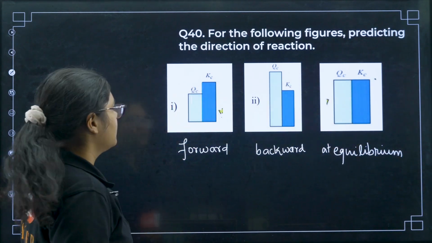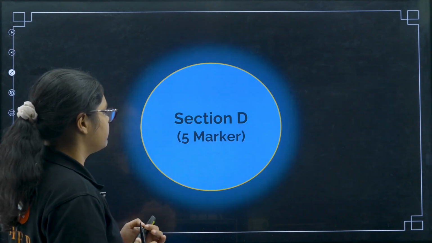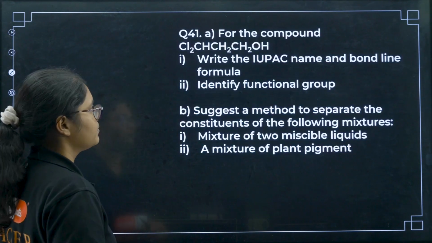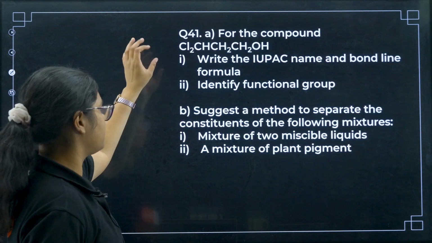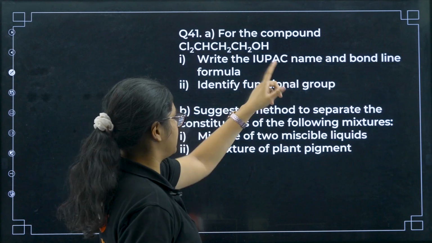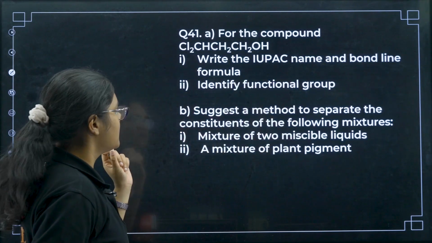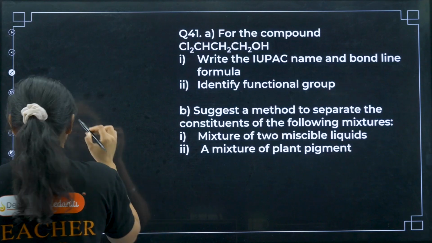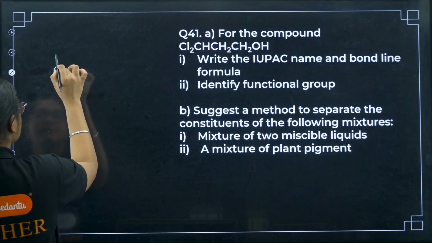Clear? Okay. Now, we will move to 5-marker questions. So, there are 3 five-marker questions and you have to attempt any 2. Okay. The first question is for the compound given, write the IUPAC name and the bond line formula. Identify the functional group. So, if I want to write the IUPAC name, if I draw the structure, it is like this, right?